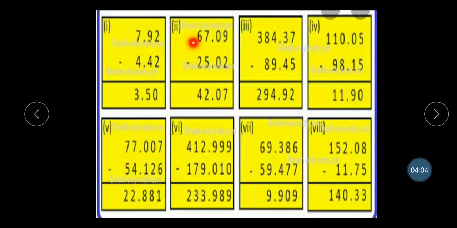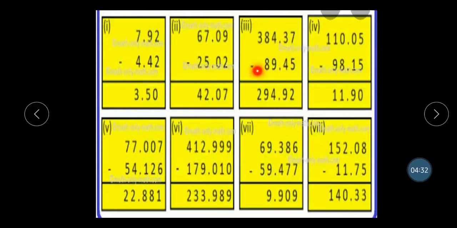Second example, 61.09 minus 25.02. 9 minus 2, 7. 0 minus 0, 0. 7 minus 5, 2. 6 minus 2, 4. Our answer is 42.07.